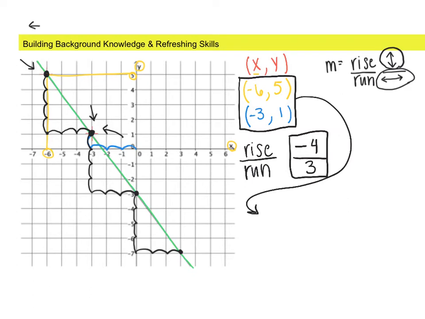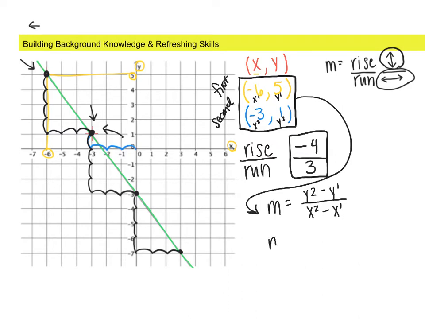My formula for slope is y2 take away y1 over x2 take away x1. Now this is my first point that I found, and this is my second. So this would be x1, y1, this would be x2, y2. All right, and I'm going to use those values to plug into my formula.